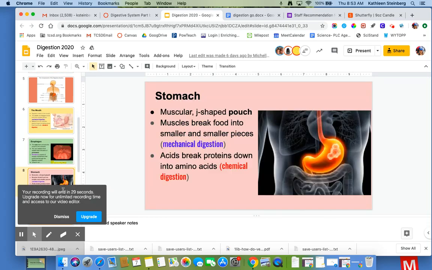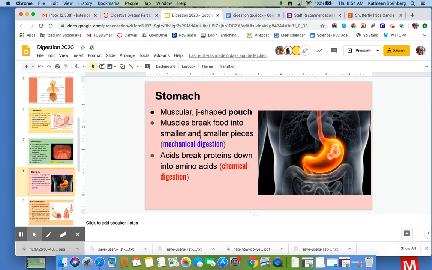All right, so that is how you can get food into your stomach even upside down. Okay, so it goes into your stomach. This is a muscular J-shaped pouch, and in this stomach, your food is broken down into smaller pieces, so that's mechanical. But then acids also break it down into the amino acids. That's chemical digestion. And we are going to stop there today.